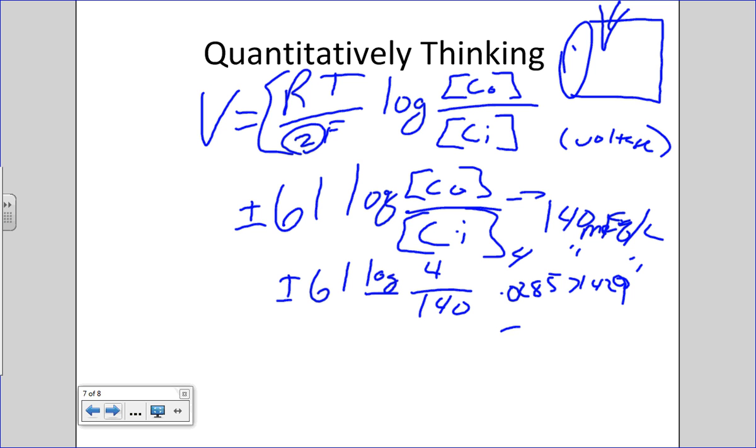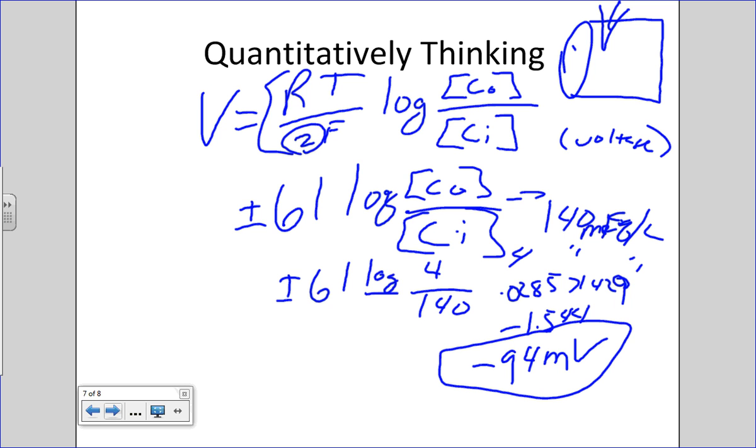Inverse log, we'll make it, and then we multiply that by 61, and we come out with a membrane potential of negative 94 millivolts. According to these numbers, the equilibrium potential would be negative 94 millivolts, meaning there will be no net movement of potassium across the cell membrane with these numbers.